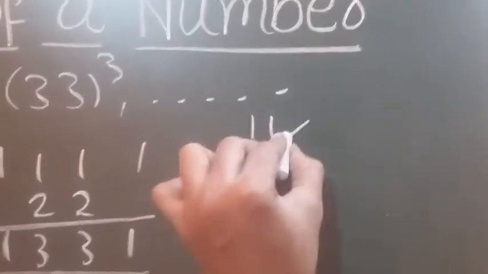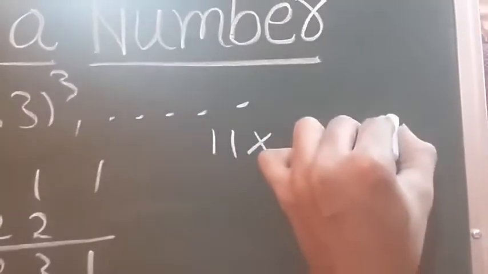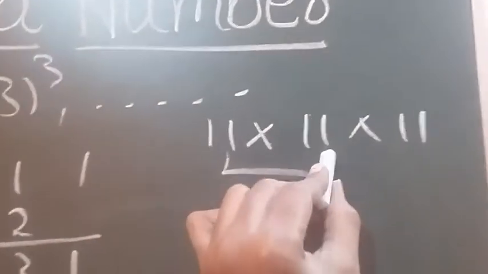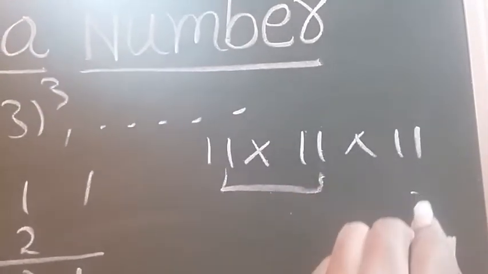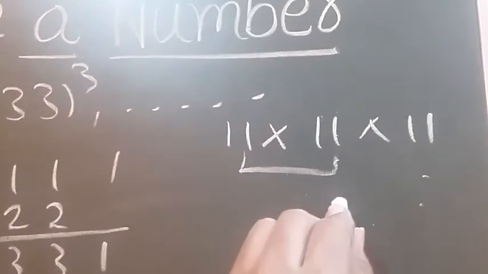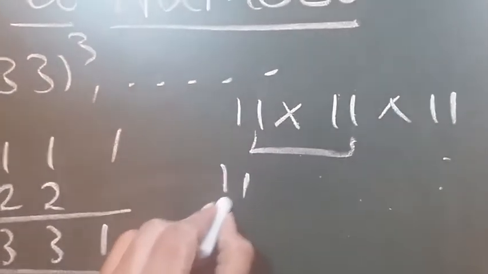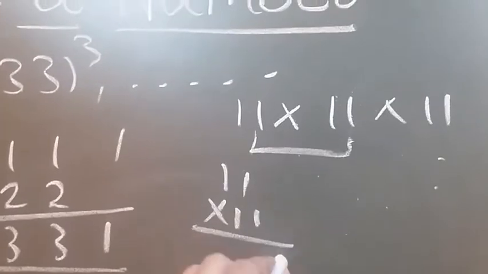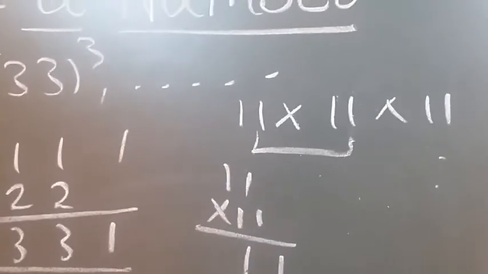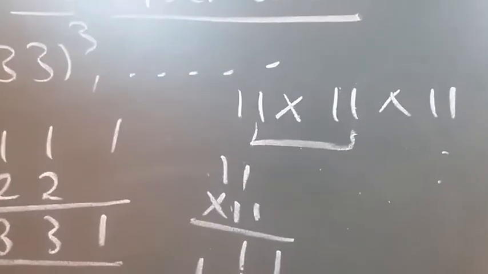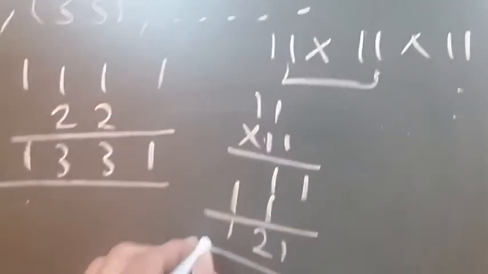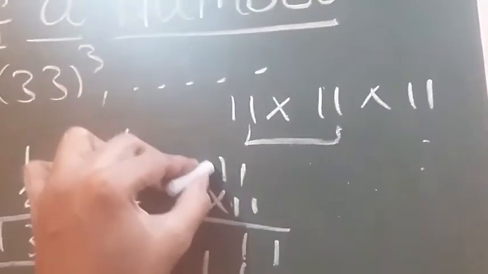Let us check with normal multiplication. 11 into 11 into 11. Multiply these two, and with that result, multiply again with one more 11. First multiply 11 into 11. 1 into 1, 1; 1 into 1, 1; 1 into 1, 1; 1 into 1, 1. Now add. 121 is the square of the number 11.